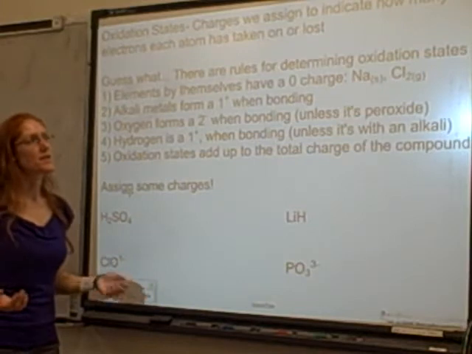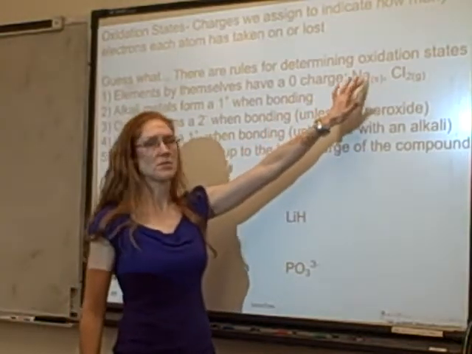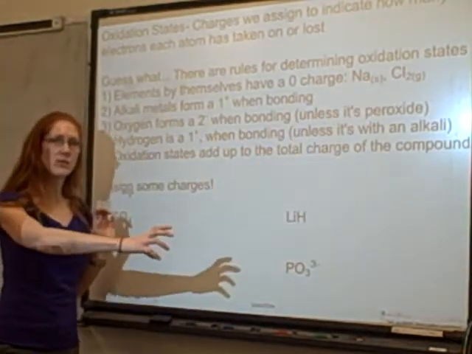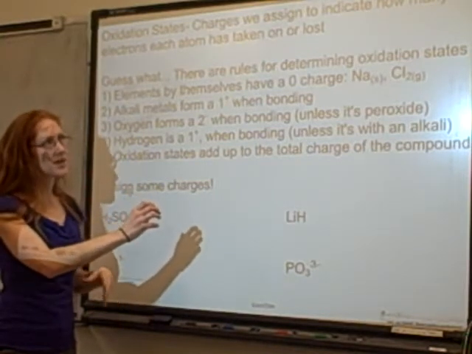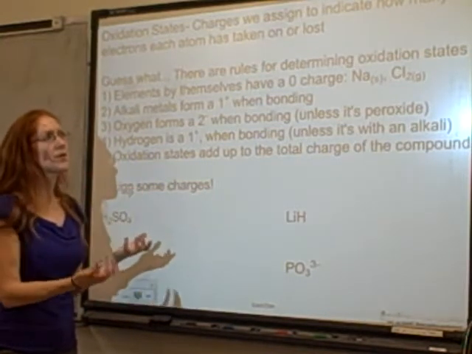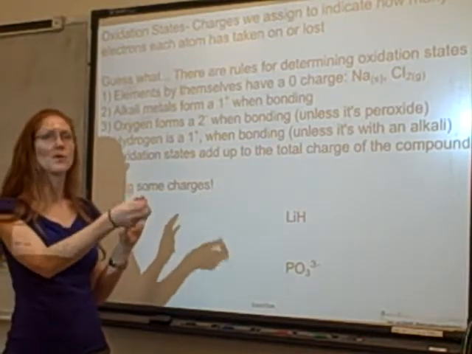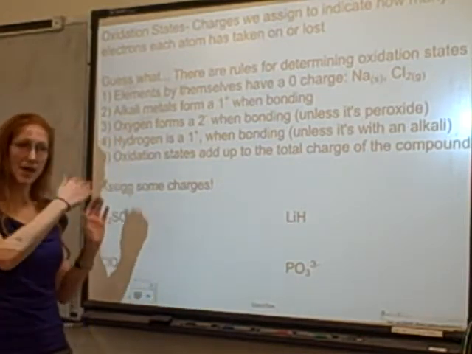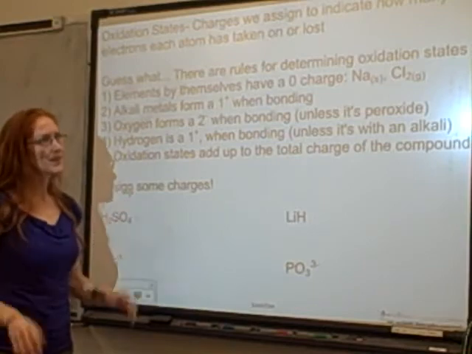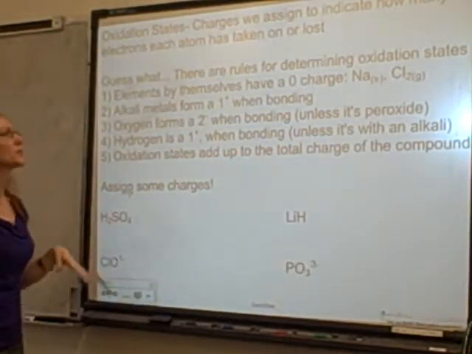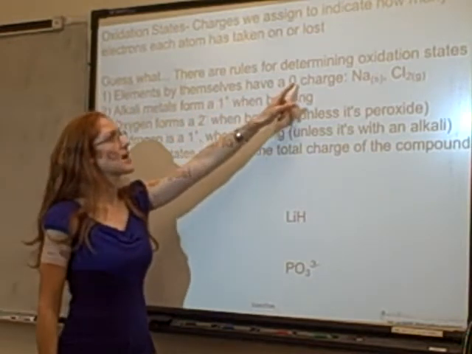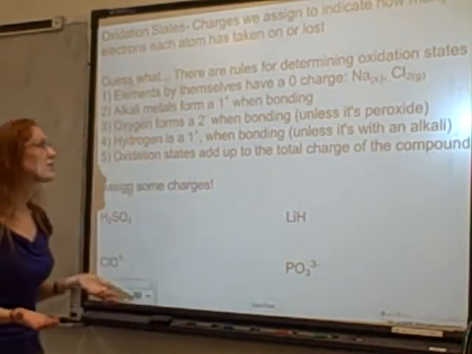If I have sodium metal, a bunch of sodium atoms, no one sodium atom is going to be more electronegative than another, so you're not going to have the electrons closer to one atom or another, and no positive or negative charge. Same with chlorine. Cl2, two chlorine atoms share their pair of electrons equally. So any element by itself has a charge of 0.